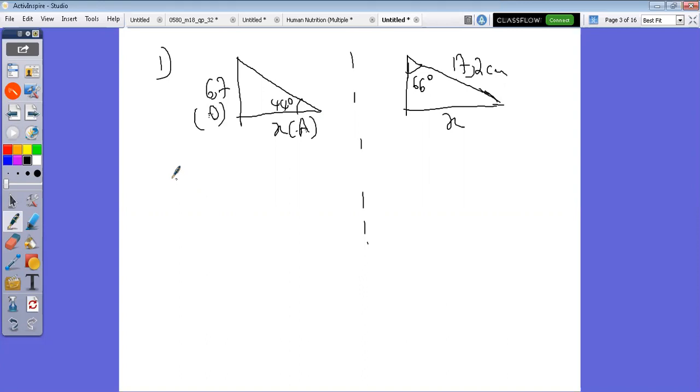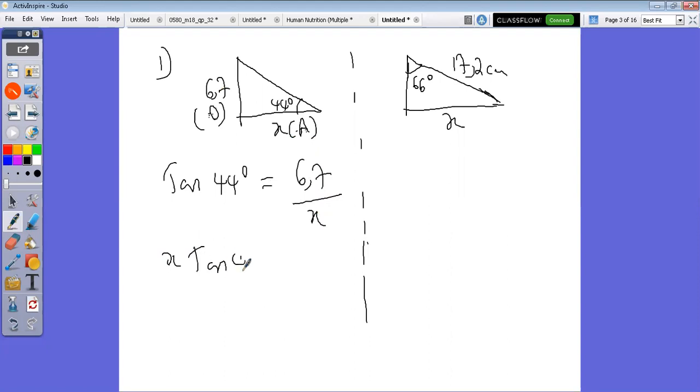So it means tan of the angle that I'm given, 44 degrees, is equal to what? Tan is opposite over adjacent. So the opposite is 6.7 over x. Are we together? Cross multiply. So that will be x tan 44. Never multiply anything this side.